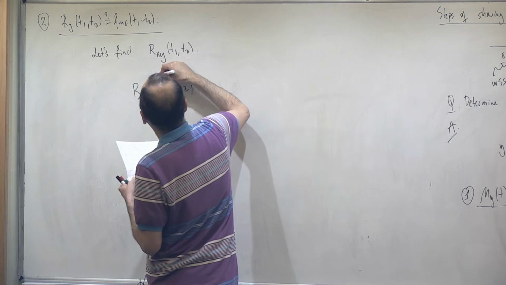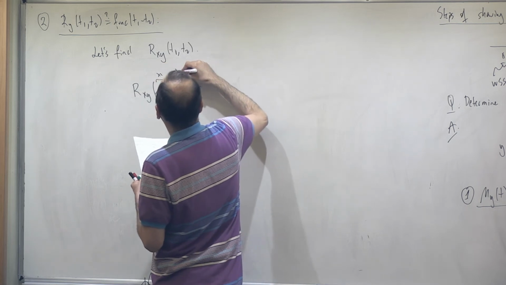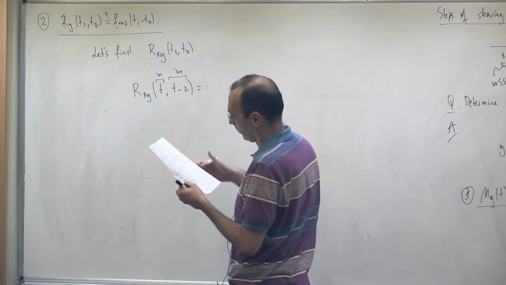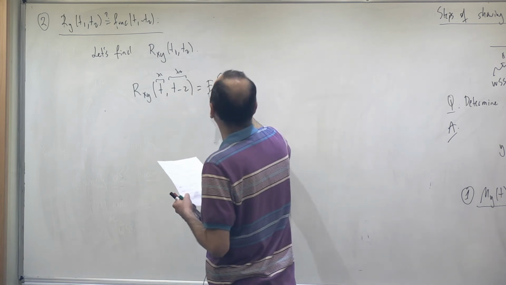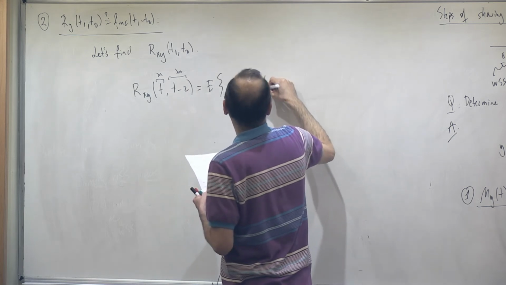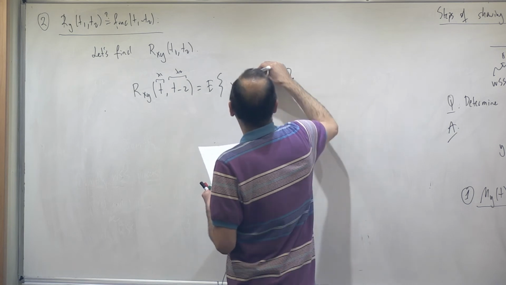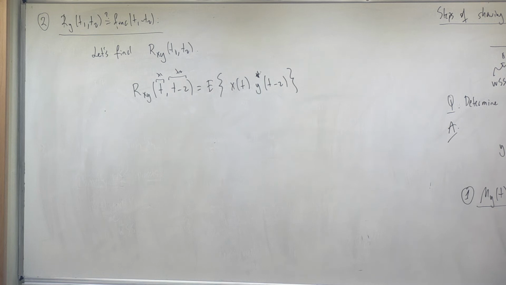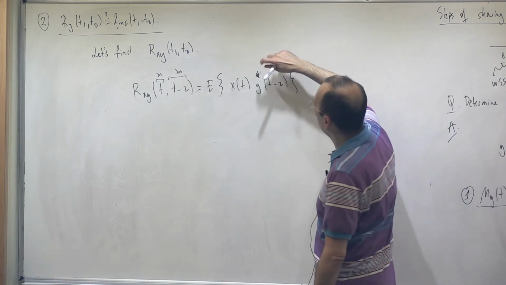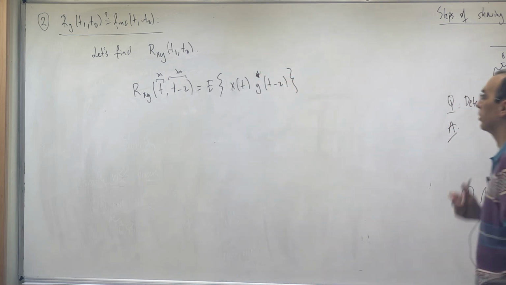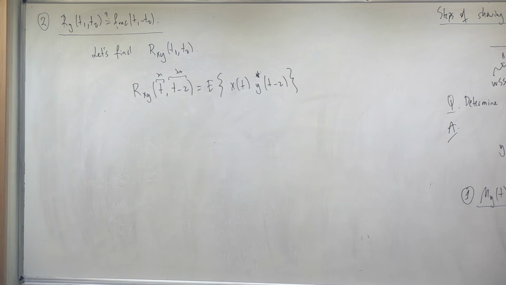So this is my T1, this is my T2, and the time difference between them is tau. So this is by definition the expected value of X of t, Y of t minus tau, and the conjugate. I use this conjugate over here because, as I have said, it tells me that this is the second argument essentially. And of course that is the more general valid definition.